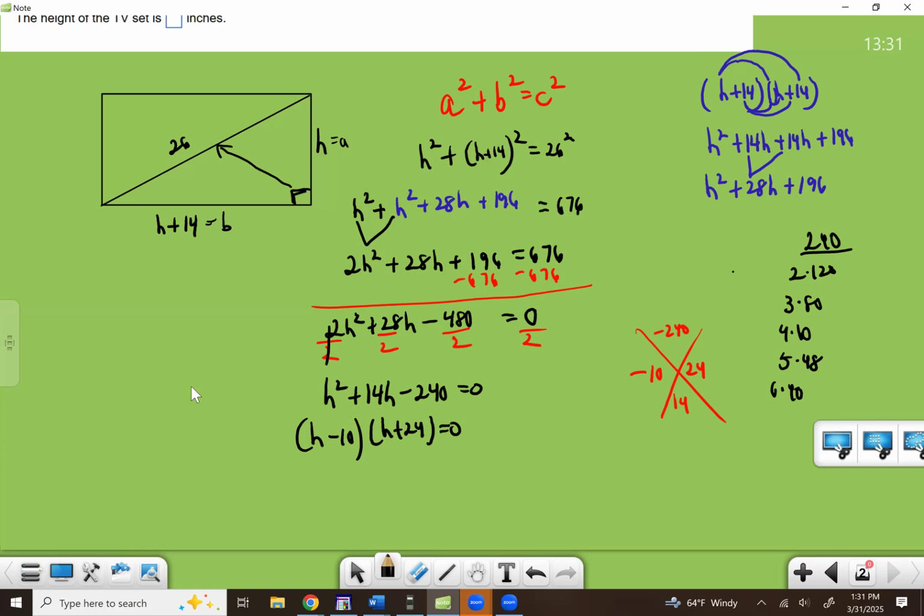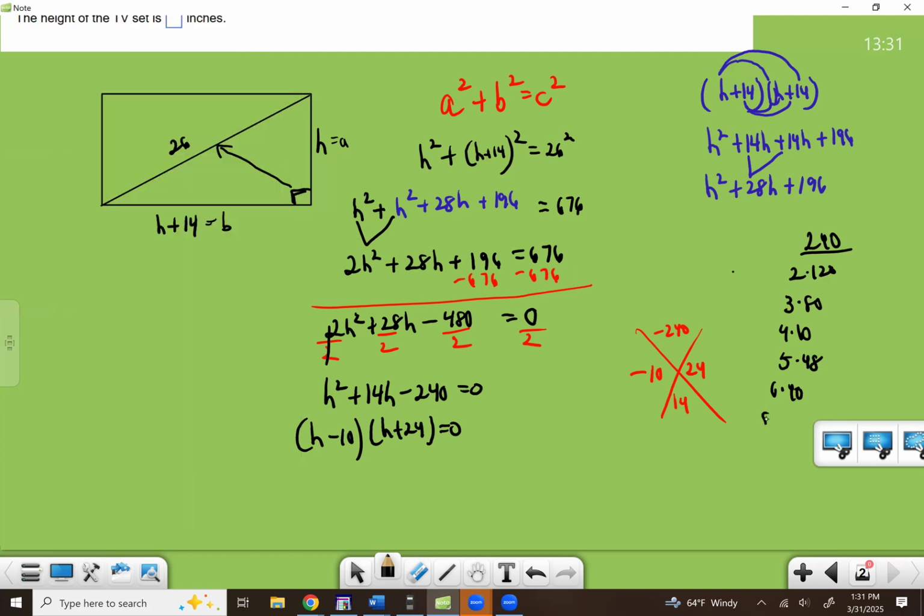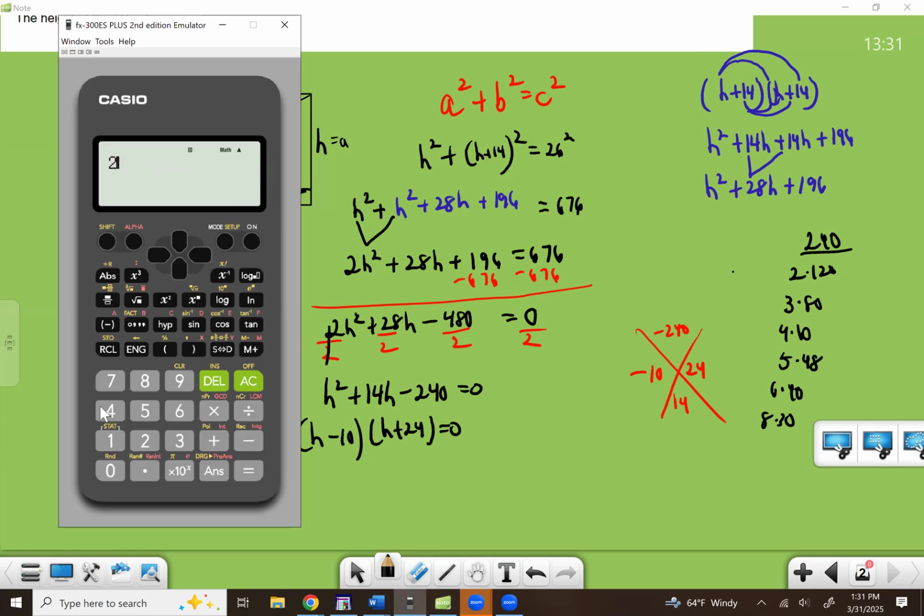Blah, blah, blah, right? 7 doesn't go into 240, so you'll get some decimal. So we get to ignore that one, right? 240 divided by 8 is going to be 8 times 30, right? 240 divided by 9, I don't think so, right? It's going to be a fraction, decimal. And then finally, we're there, 240 divided by 10.